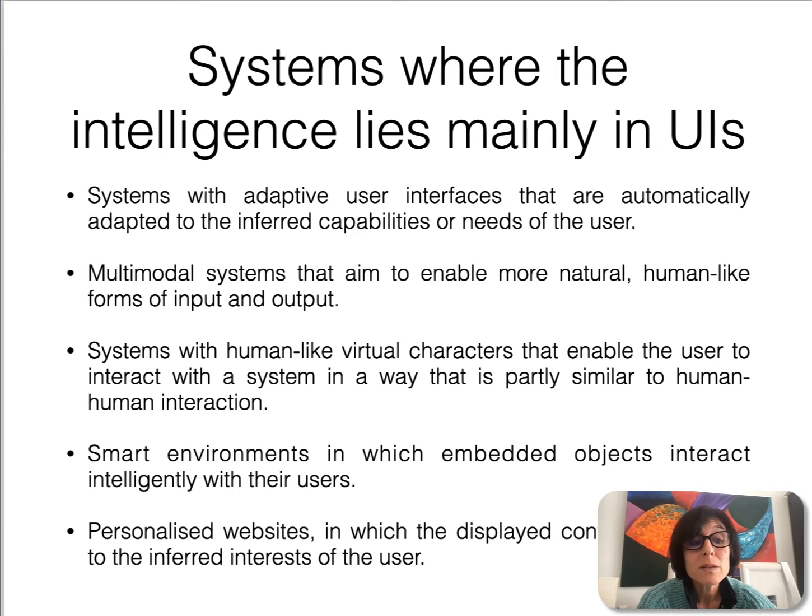And then we've got smart environments in which embedded objects interact intelligently with their users, and personalized websites in which the displayed content is adapted to the inferred interests or needs of the user.